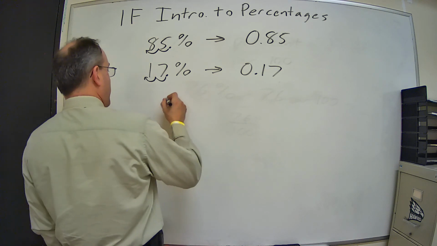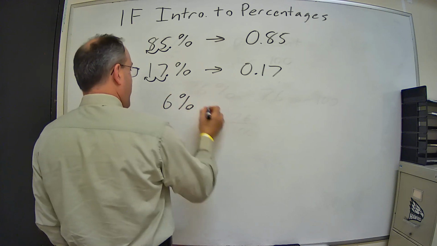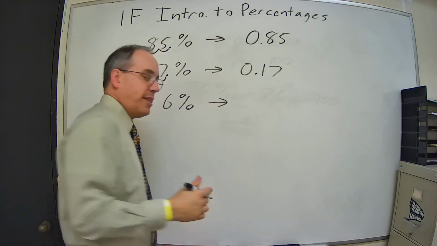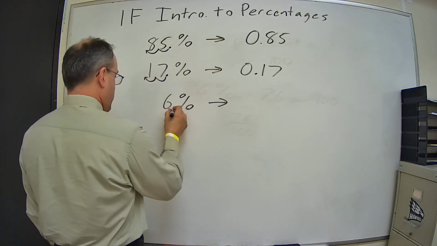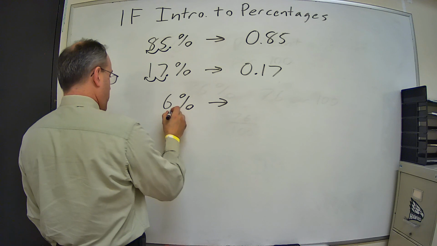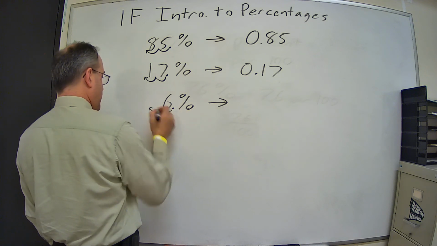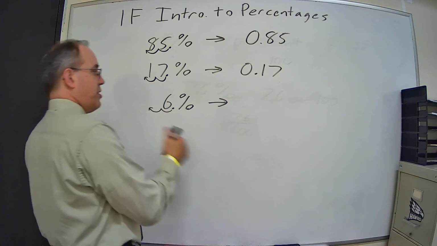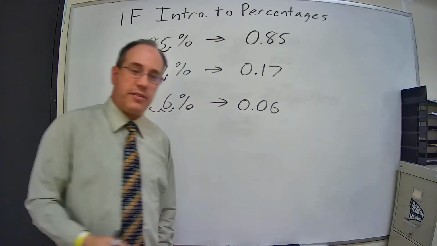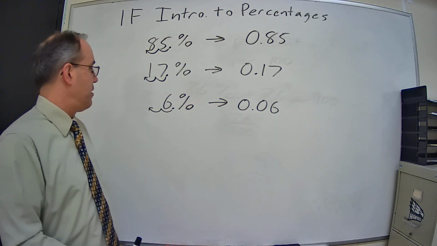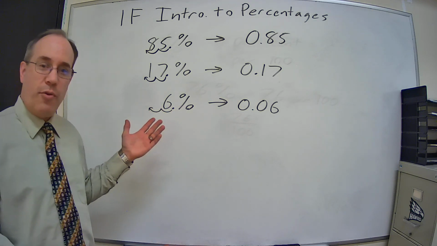So if I have 6% and I want to write that as a decimal, I can just say, well, there's the decimal point, but I'm going to move it 2 places to the left, which gives me 0.06. Isn't that pretty straightforward?